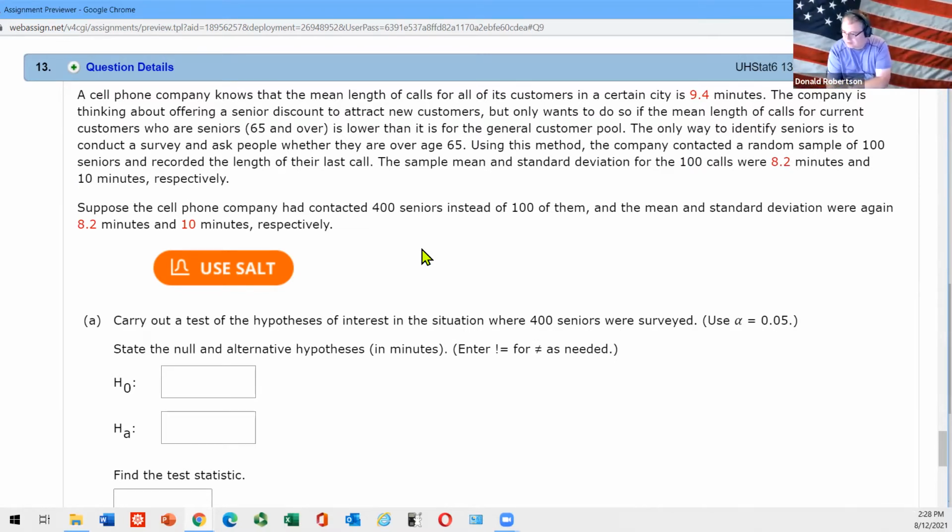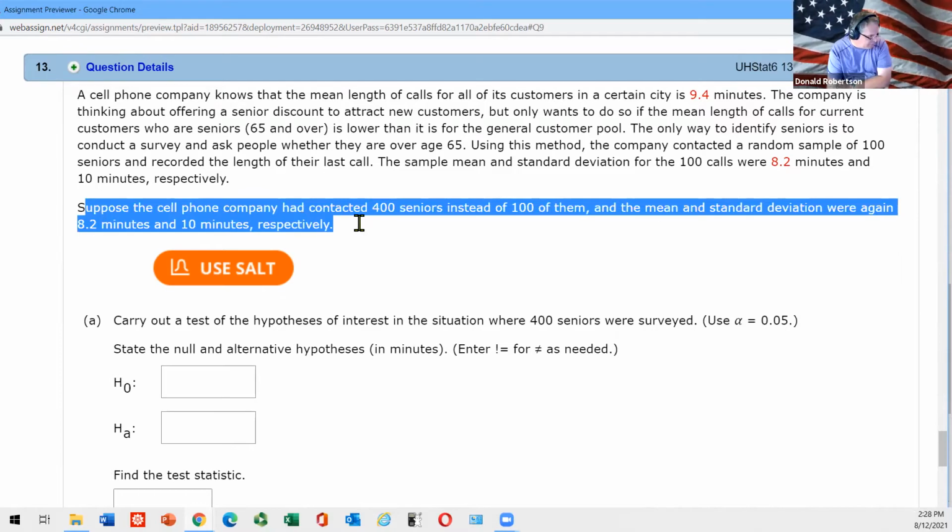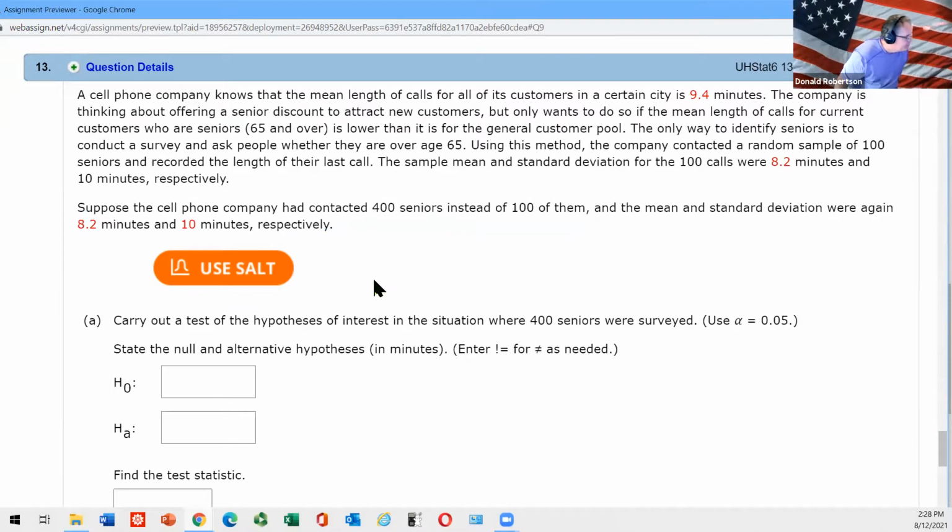You notice that? And this mentions 100 calls. And this mentions that they contacted 400 seniors. Interesting. Wonder where this is going to go.